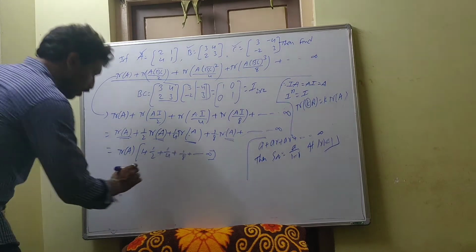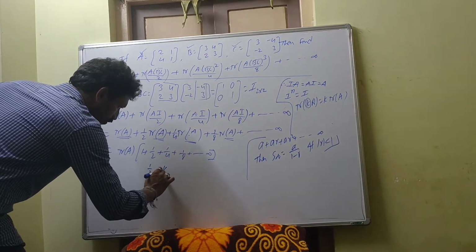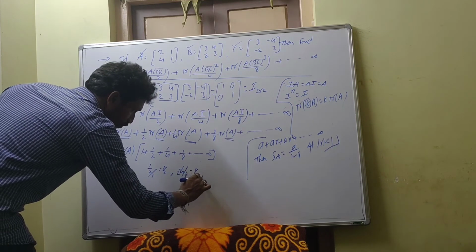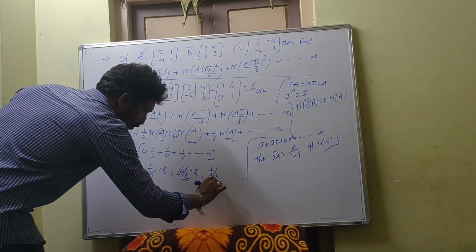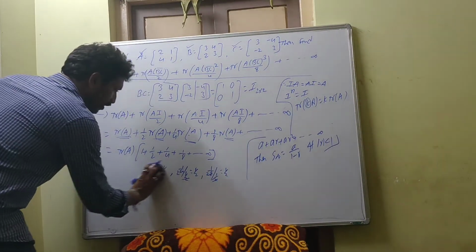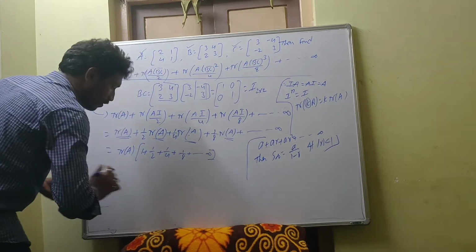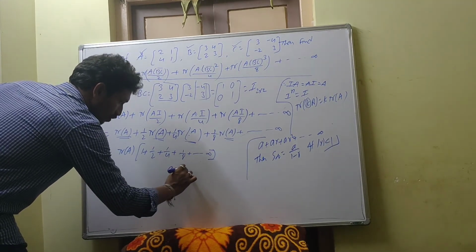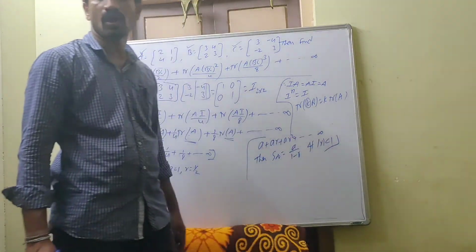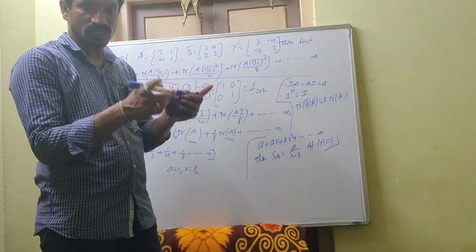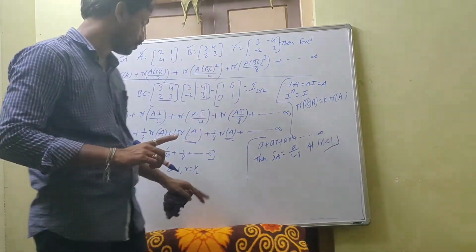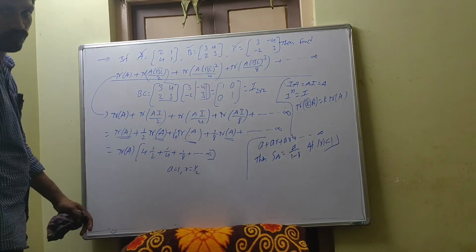Check it out. 1 by 2 by 1 is 1 by 2. 1 by 4 by 1 by 2: here 2 times going, 1 by 2. 1 by 8 by 1 by 4: here 4, 2 times going, same 1 by 2. So here the common ratio is equal to 1 by 2. That means the first term A is equal to 1, R is equal to 1 by 2. And this R is less than 1. Mod R less than 1 means R should lie between minus 1 and 1. That should be a proper fraction. So 1 by 2 is a proper fraction.